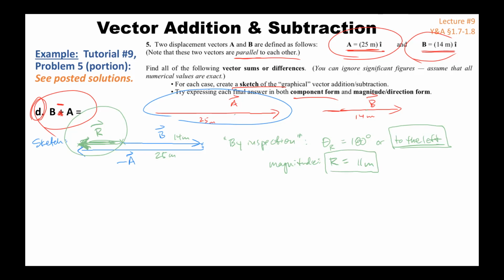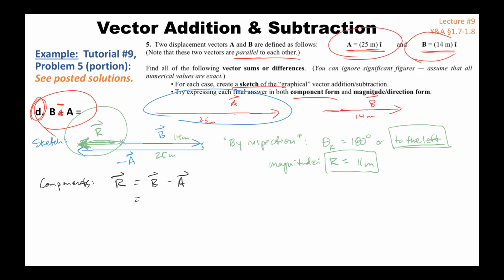If we wanted to be a little more formal, this is sort of overkill, but if we wanted to do it by a component method, okay, components. First, we write our vector arithmetic expression in full vector notation. So full vector R is equal to full vector B minus full vector A. Now we can write these in their components.